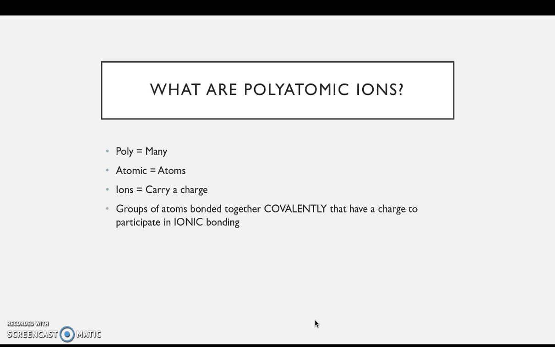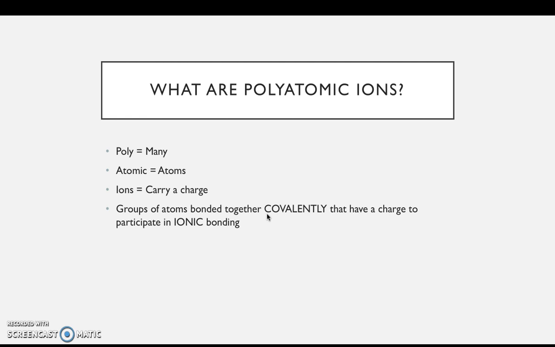So we're talking about groups of atoms that are bonded together covalently that have a charge to participate in ionic bonding. Now, we haven't learned fully about covalent bonding yet. Other than that, this is some sort of sharing of electrons, whereas ionic bonding is actually that transfer to create ions and then a bond together.